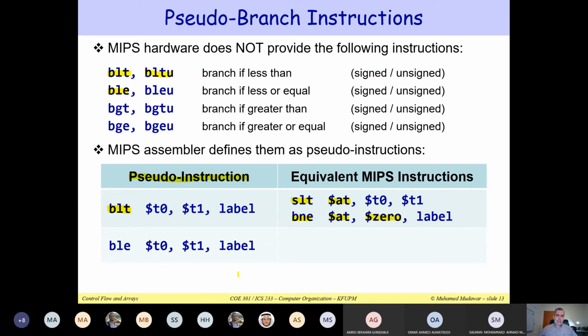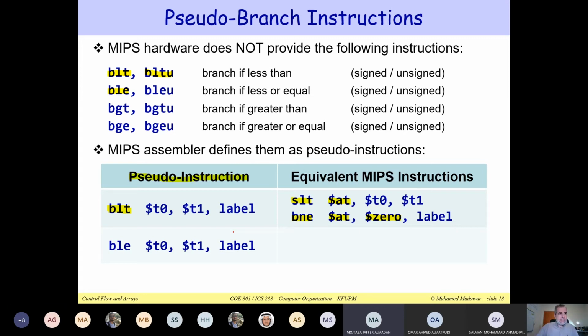How about branch less than unsigned? The second one here. It is the same, but we use different instructions. Let me just use my pen tool.